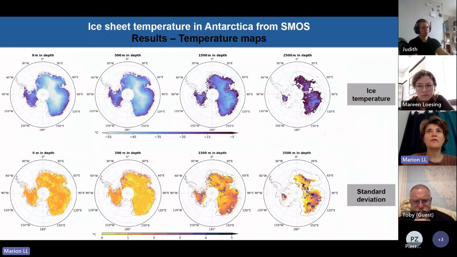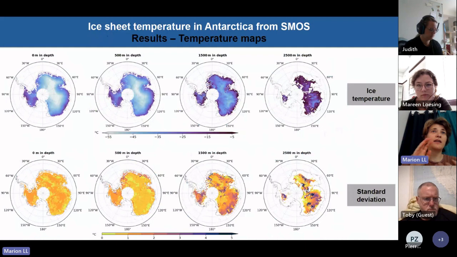Here I show you the results. On the top, you can see a temperature map for 4 different depths: surface, 500, 1,500, and 2,500 meters in depth.